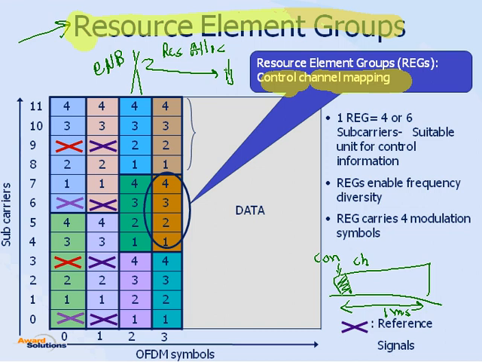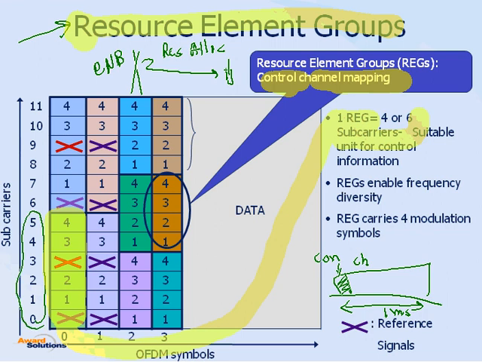So let's take one example. Let's pick this resource element group. So that is one resource element group. Inside that resource element group, we have, in this example, a total of 6 subcarriers. So 0 to 5.